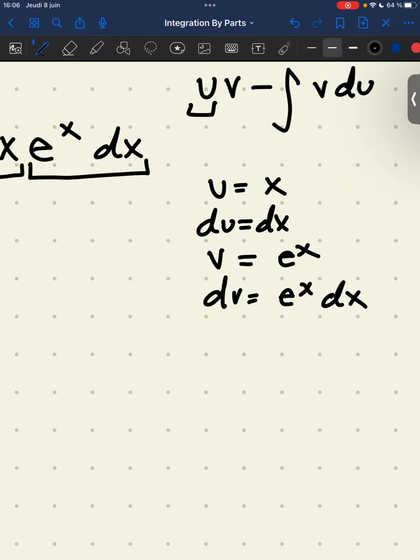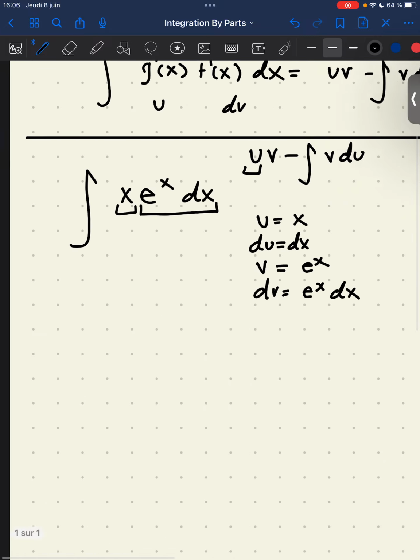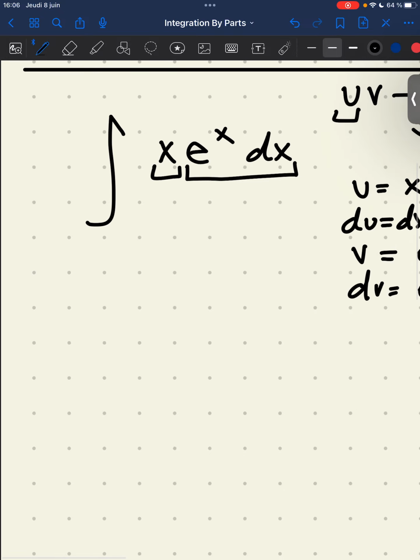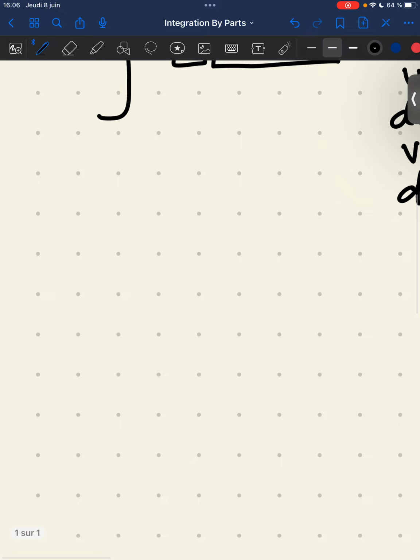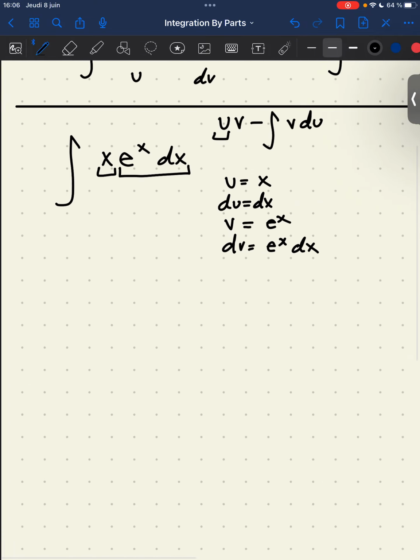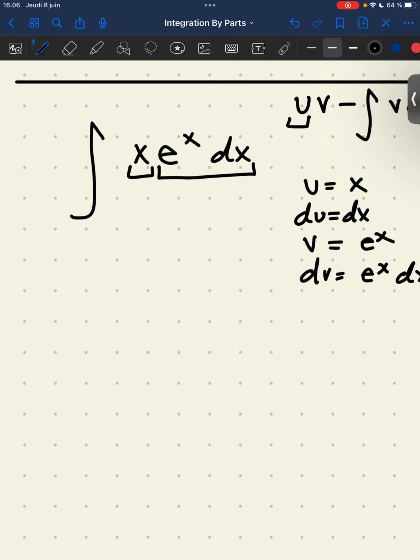Now from here, you can set up your new integral. That would be x times e to the x minus the integral of e to the x dx.